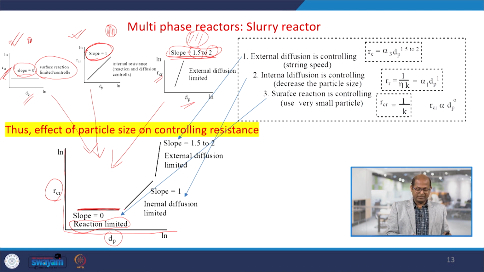If the nature is coming like this, Rcr against dP, we can say the slope equals 1 and internal diffusion is limiting in this case, okay.